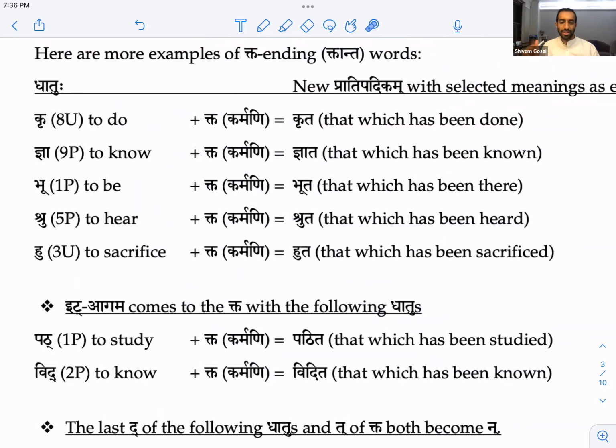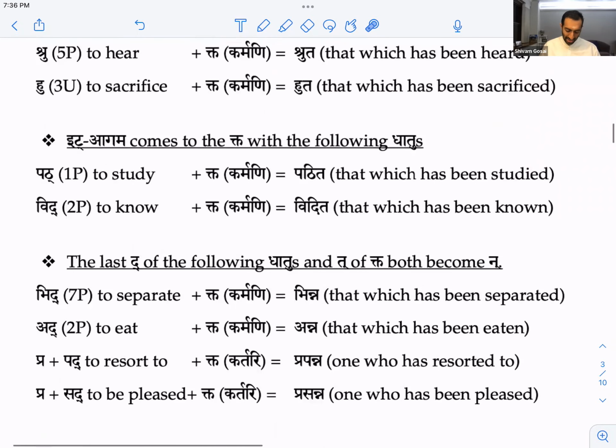The kakara goes away. The kakara doesn't allow guna or vriddhi to happen. So when I have kri plus ta, you get krita, that which has been done in the past, right? Jna, kta, karmani, jnata, that which has been known. Bhu, kta, karmani, bhuta, shruta, huta, etc.